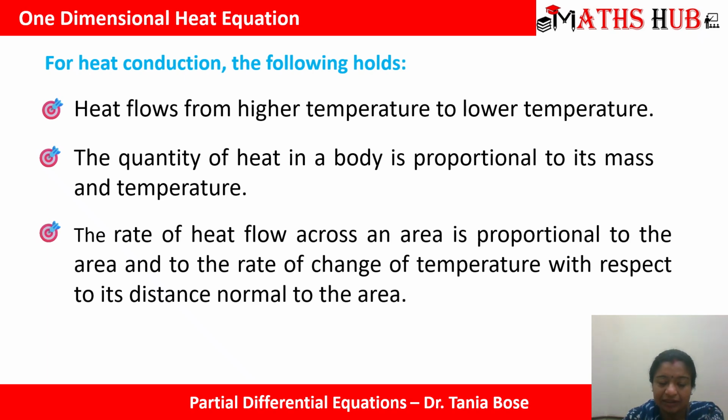And third, the rate of heat flow across an area is always proportional to the area and to the rate of change of temperature with respect to its distance normal to the area. So using these three rules, we will frame the one-dimensional heat equation, right?